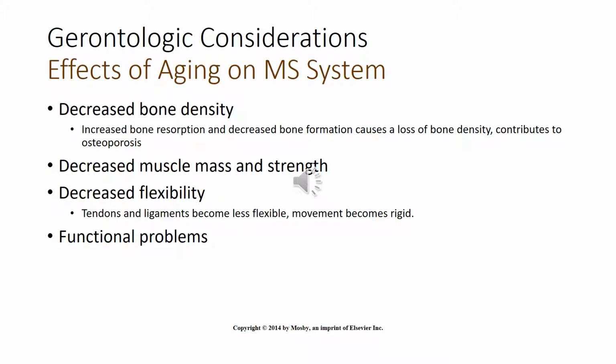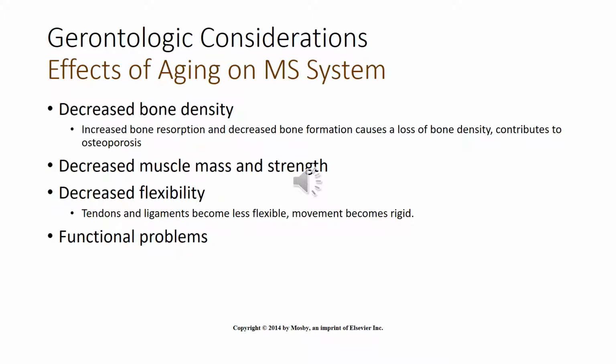Okay, gerontological considerations on the musculoskeletal system. You need to understand what is normal with aging. There is a table on page 1494 in your book, table 62.1.